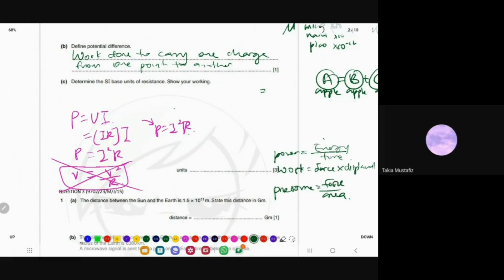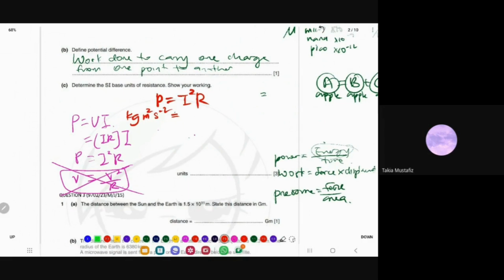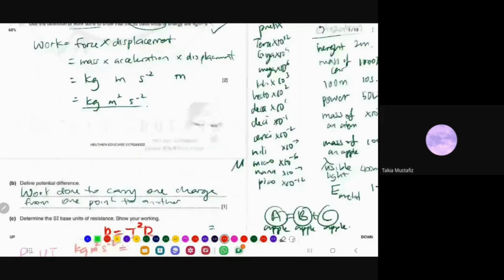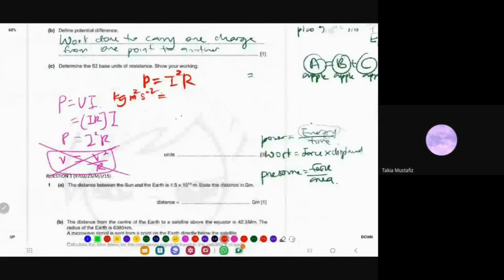Correct? Alright. So what is energy? Is it the same as work? Yes. So what is work? Force and displacement. So a quick one will be this. I did it in part A, the same.